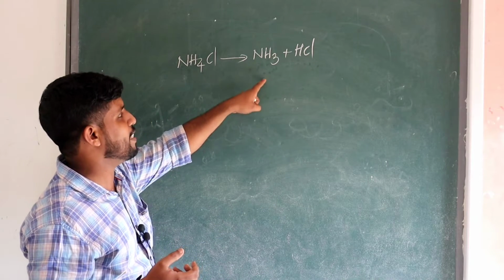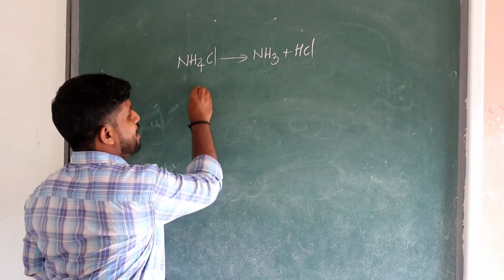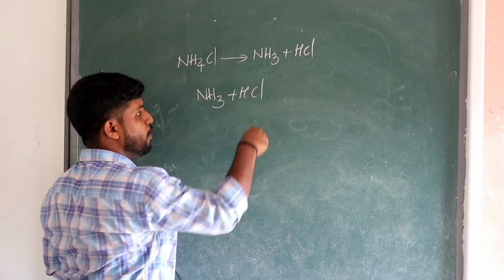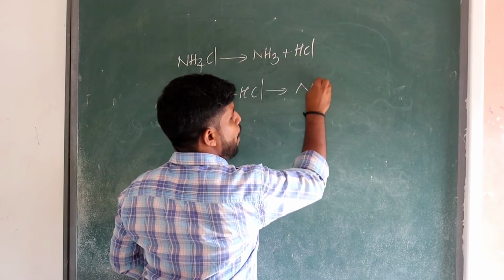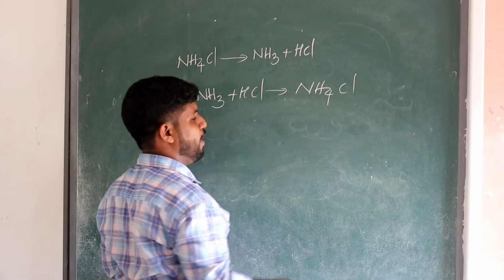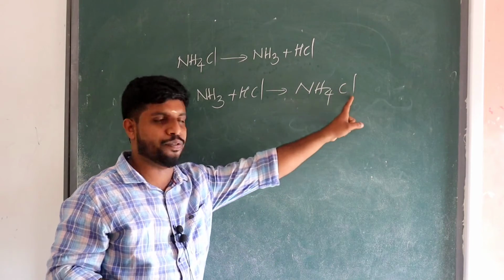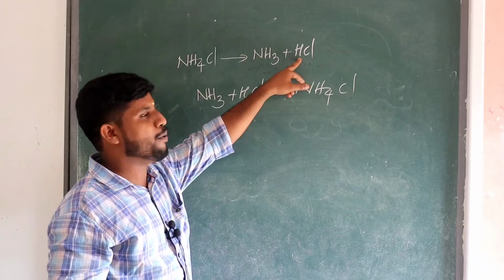Ammonia is reacting with the HCl, and they react together and form ammonium chloride in the form of gas. These white dense fumes are produced as ammonium chloride forms. In the second step, later, HCl will come out.